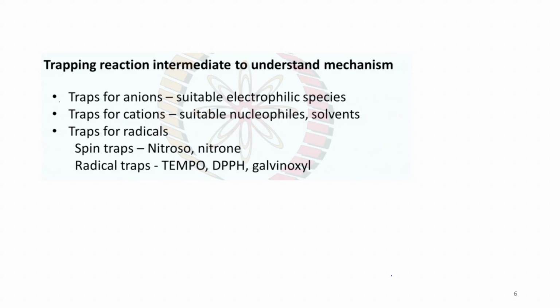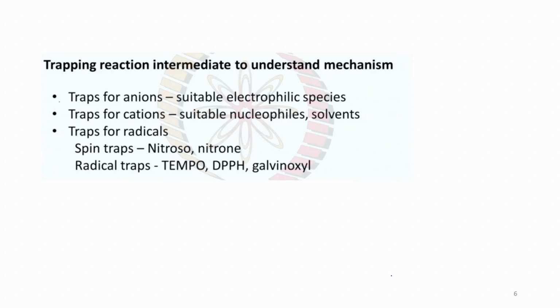So to trap that, you need something which has a scarcity of electrons, so that it can take electrons from that anion and form a compound. So to trap an anion, you need an electrophile, whereas to trap a cation, you need an electron rich compound, that is, a nucleophilic center.